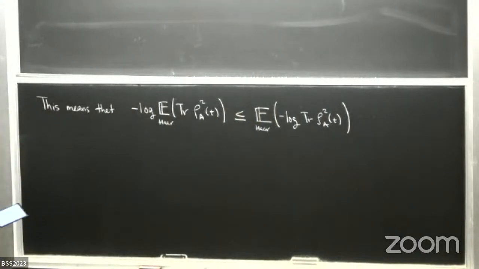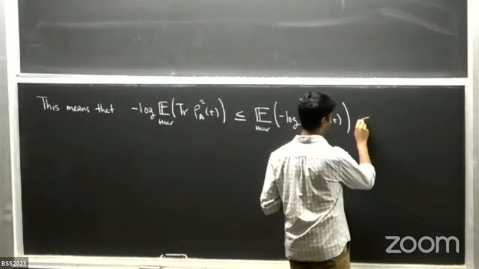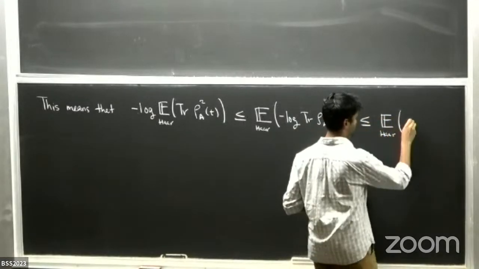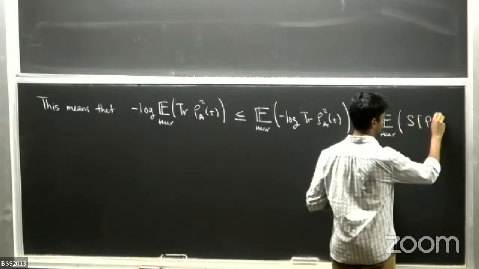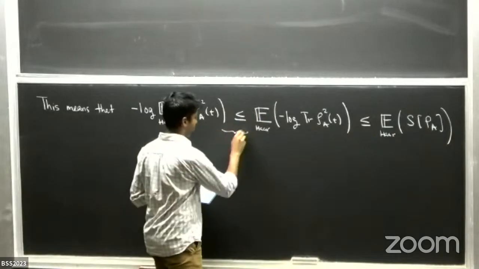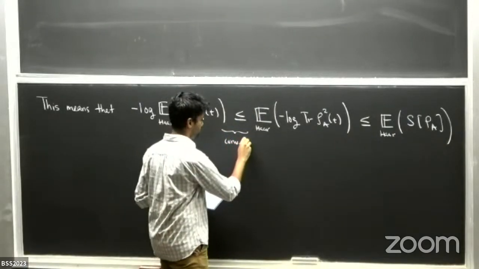This is true. And this itself is upper bounded by the expectation value over the Haar measure of the von Neumann entanglement entropy. So this has to do with convexity of the log.